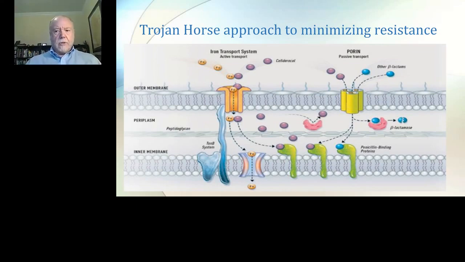The way that the Trojan Horse works is that it actually avoids efflux, because of the critical nature of the iron, which means that it doesn't get effluxed. The other component is that the antibiotic that's actually released is resistant to many, not all, but many of the beta-lactamases. So the Trojan Horse is a fascinating three-armed way of overcoming some of the problematic multi-drug resistant pathogens.